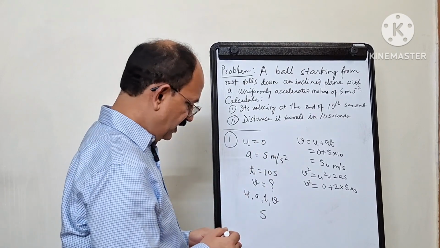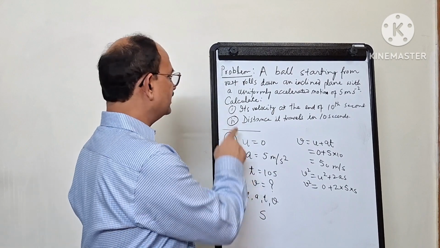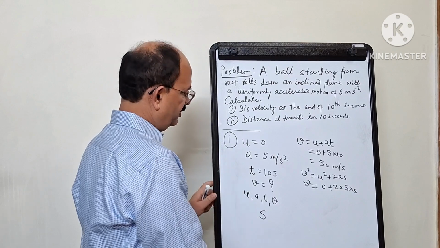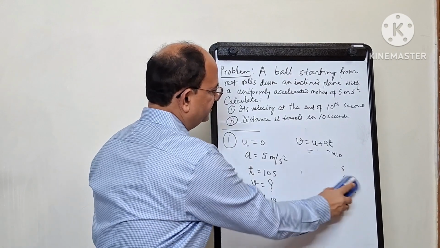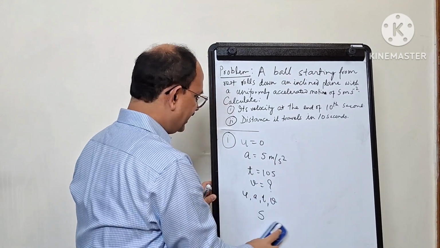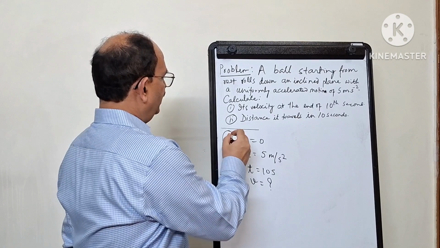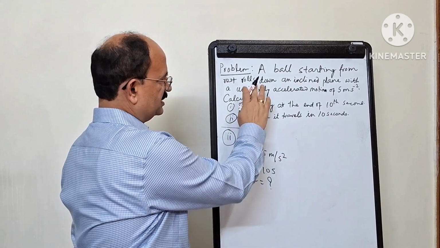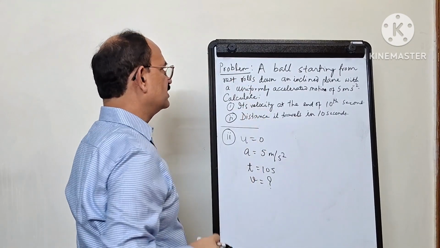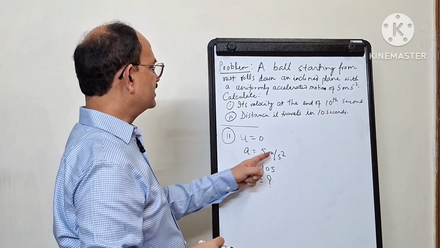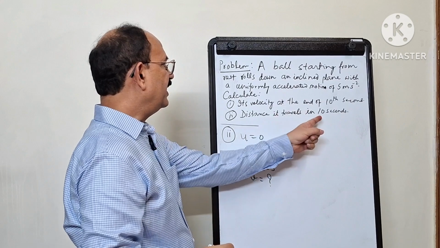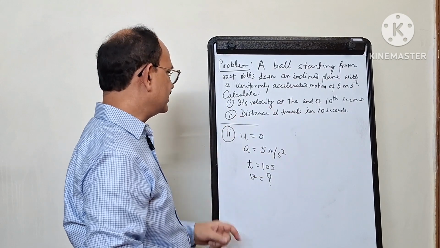Okay? Now let's try applying the same concept and solving the second part of the problem. Now in the second part, again u is equal to 0 because the ball is starting from rest. Acceleration is 5 meter per second square. At the end of 10 seconds, I have to find the distance traveled.